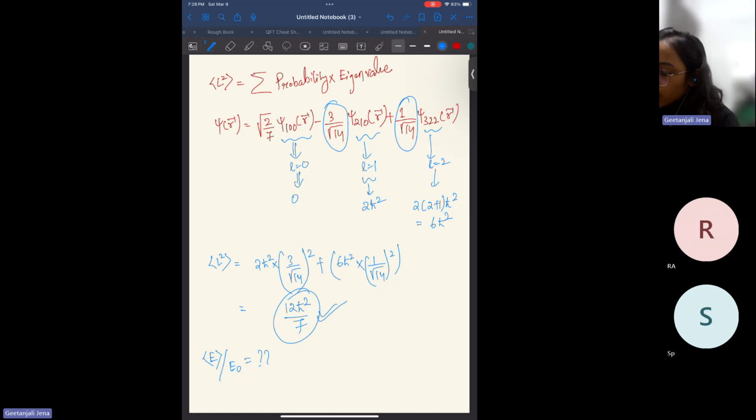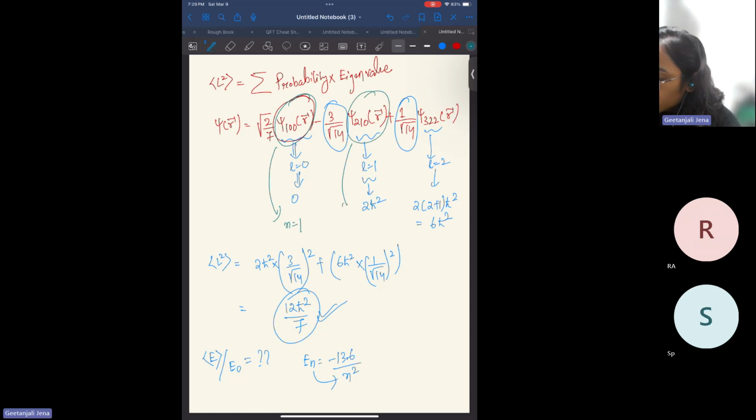For energy, you know that it is minus 13.6 divided by n square electron volt. So that means it is related to n, the principal quantum number. So we have to see what the value of n is in our problem. For this state, n is 1.